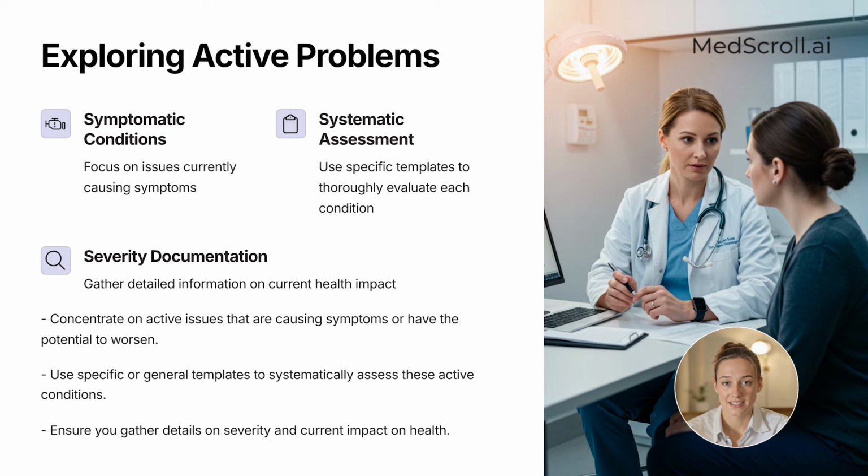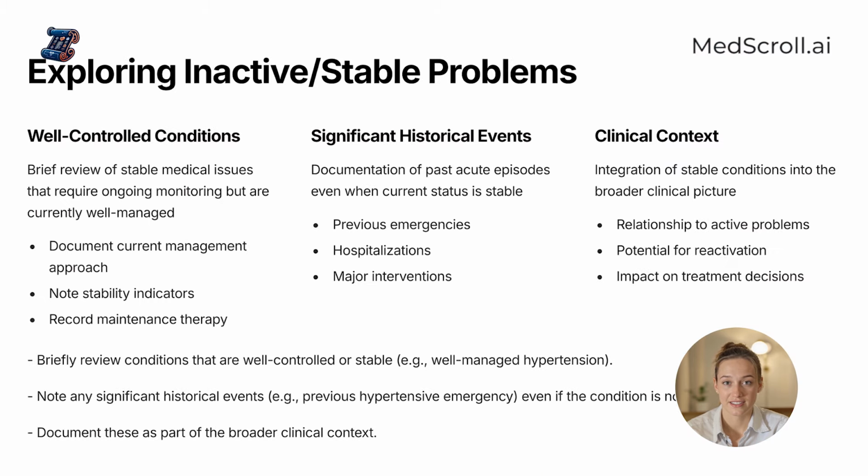In many cases, a general template similar to the one used for the main problem can be adapted for other active conditions. This ensures you gain a clear understanding of the severity and current impact of these problems on the patient's overall health.